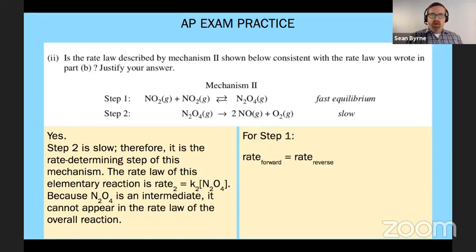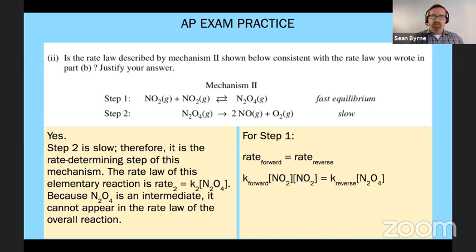But for step number 1, we know that if it's an equilibrium, the forward rate is equal to the reverse rate. We're going to start a conversation of equilibrium, I believe tomorrow, but maybe next week, where we talk about how one of the fundamental principles of a reaction at equilibrium is that the rates have come to equal one another.